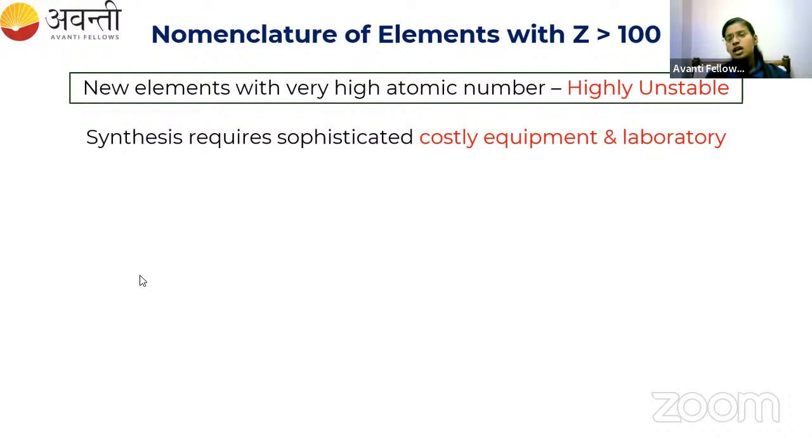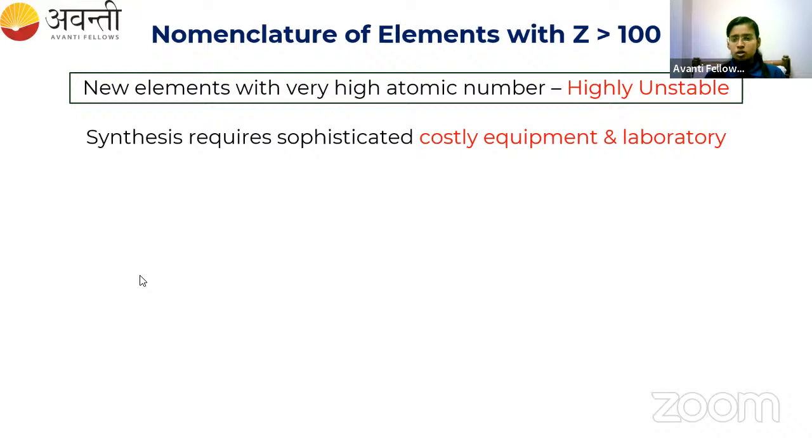Since they are highly unstable, we have to use costly experiments to synthesize the elements which have atomic number greater than 100. Now we are going to give names for those highly unstable elements.